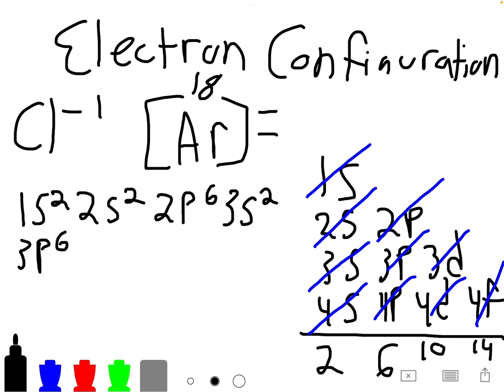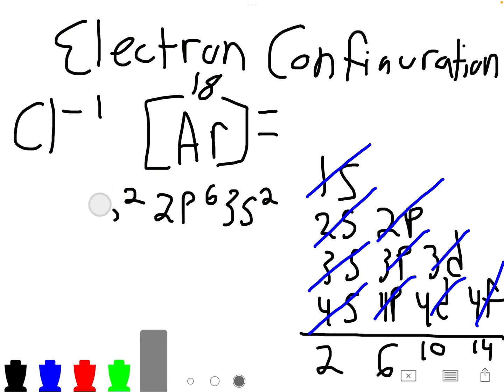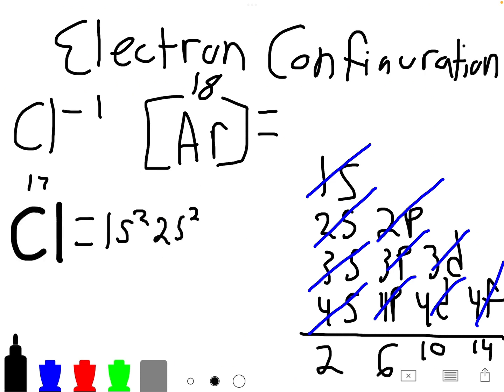And then if you want to break down chlorine just by itself, chlorine has 17, so it'll be 1s2, 2s2, 2p6, and then 3s2.